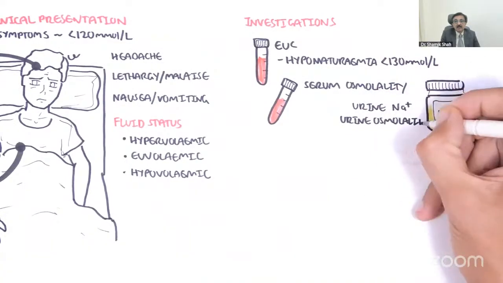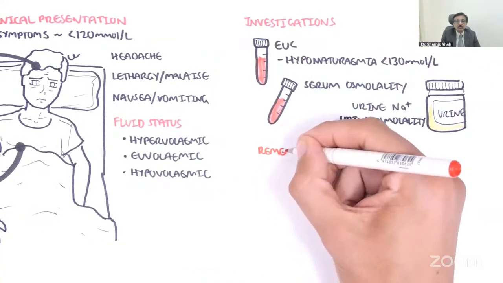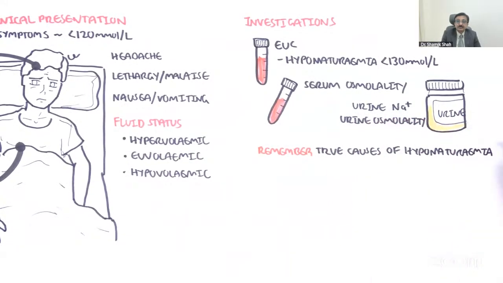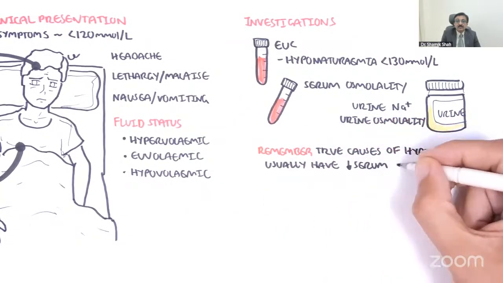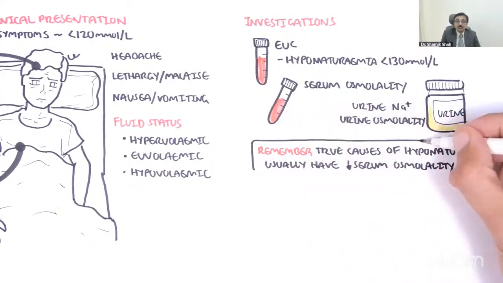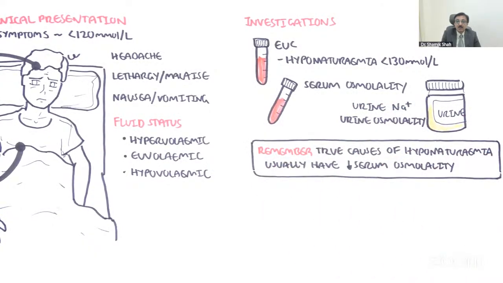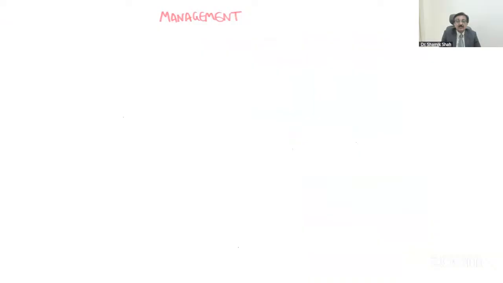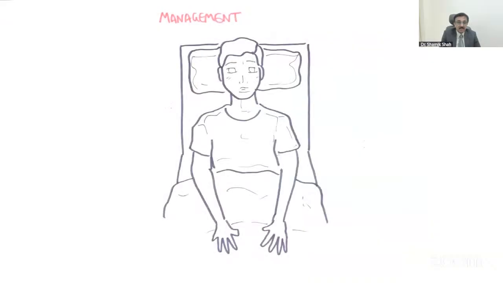So it is very important to do all these things before we start treatment. And we already discussed that true hyponatremia will always have a low serum osmolality. Of course, we also need to look at the patient's sugar levels and the triglycerides to rule out pseudo hyponatremia.